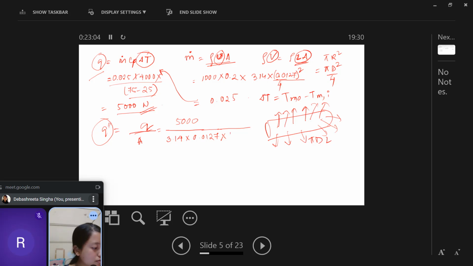Length was 10 meter long. So how much is this coming? Heat flux.